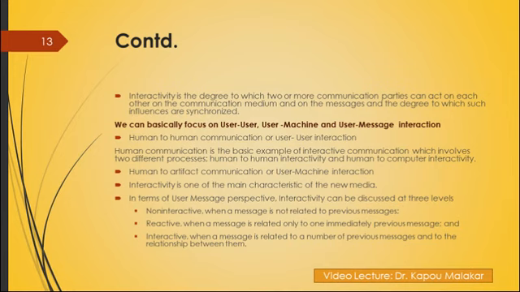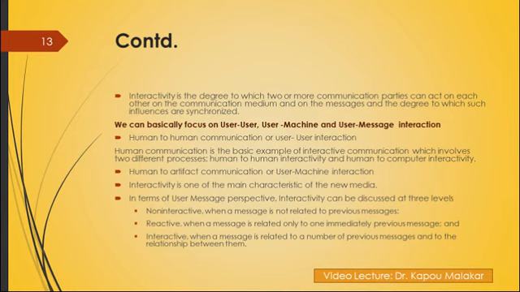So we see that human to human communication is the basic example of interactive communication, which involves two different processes. First, human to human interactivity, which is equivalent to user interactivity, and second, human to computer interactivity, which is user machine interactivity. So, human machine interactivity is also a part of human to human interactivity.